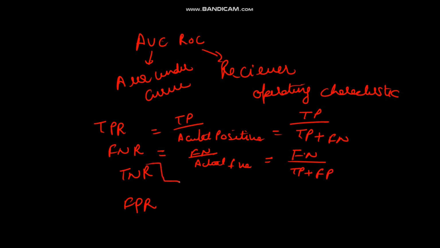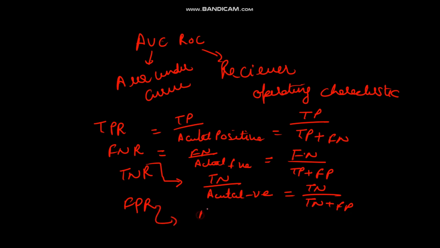And when we talk of TNR, this is calculated as true negative divided by actual negative, which is equal to true negative divided by true negative plus false positive.